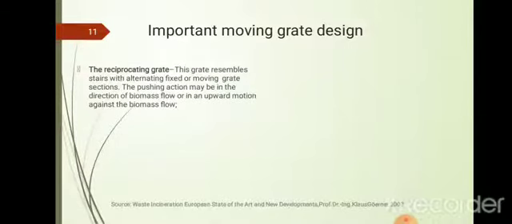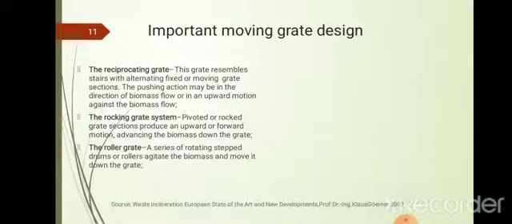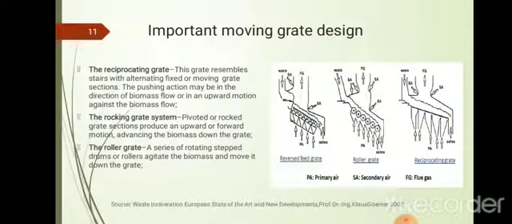We are only discussing some important grate designs. One is the reciprocating grate, another one is the rocking grate, and the roller grate. So these are the representations of this. In the reciprocating type grate, the grate is just like a staircase with alternating fixed and moving grate sections, and the pushing action in the direction of biomass flow is moving the biomass.